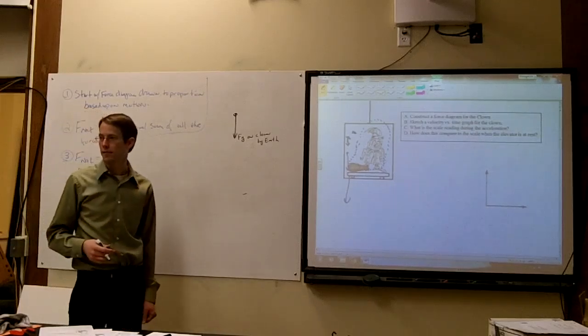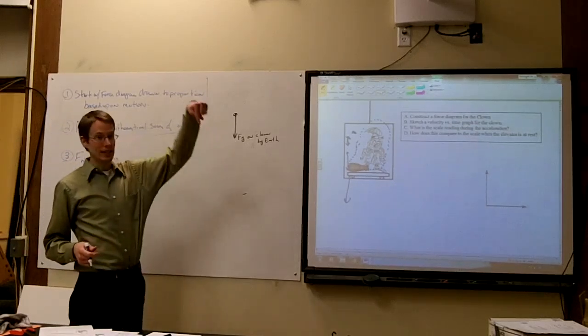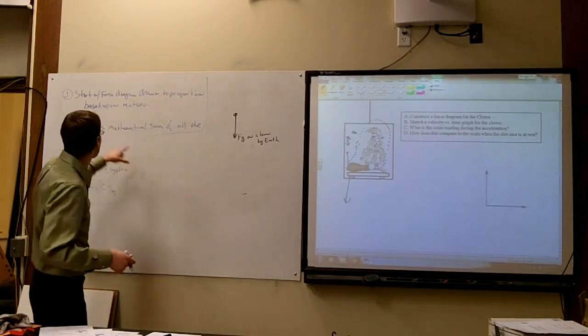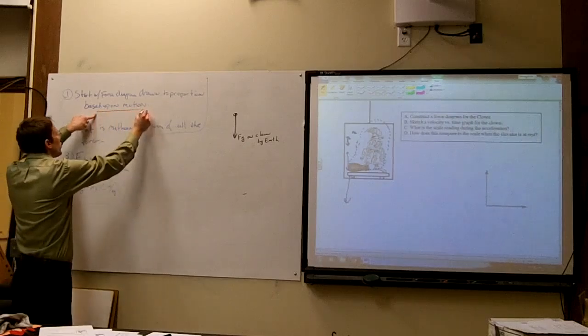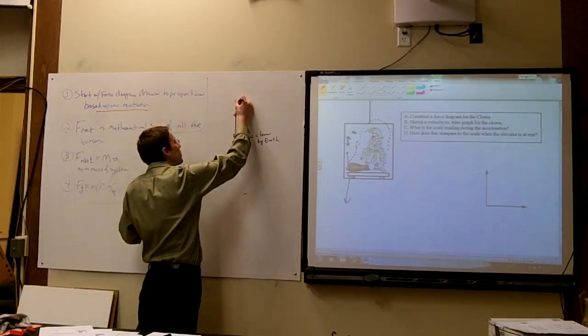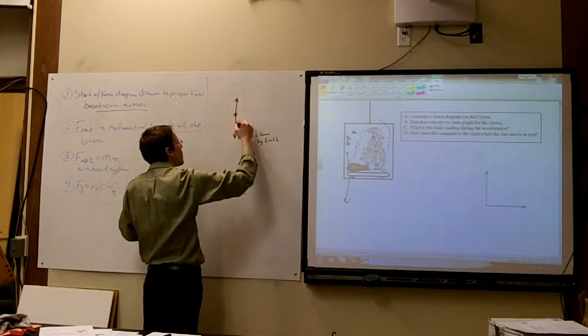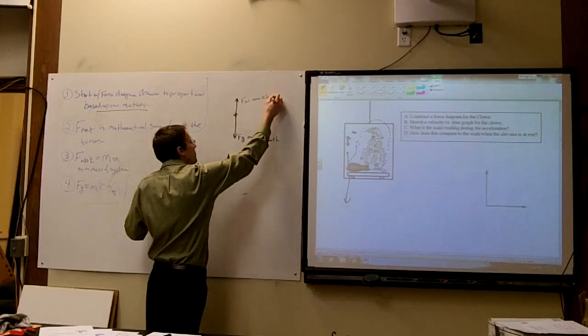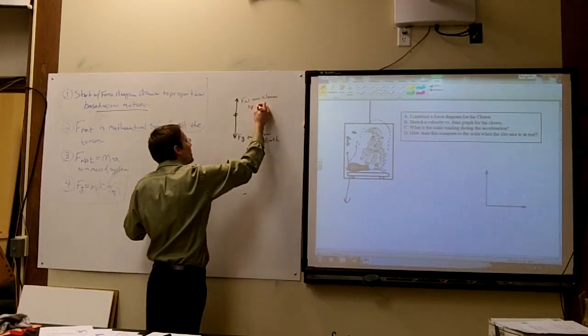Why? Because it's accelerating down. We're basing it on the motion. Based upon the motion, we're drawing to proportion. So I don't know how big this is, I just know that the force gravity needs to be drawn bigger. Force normal on clown by scale.